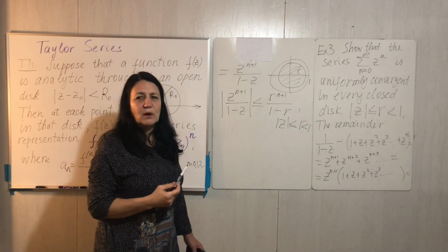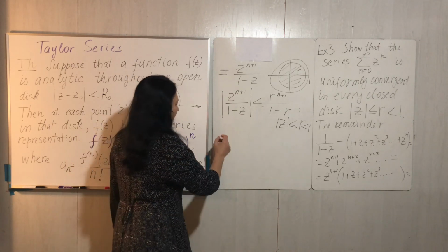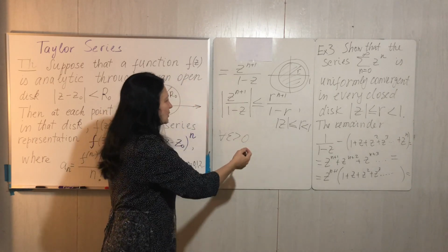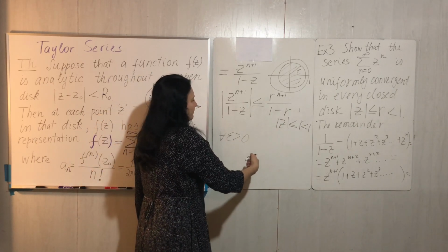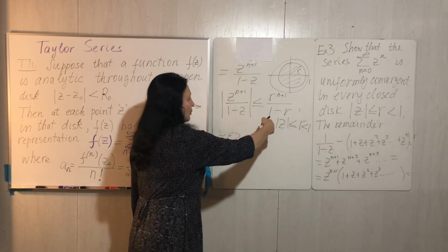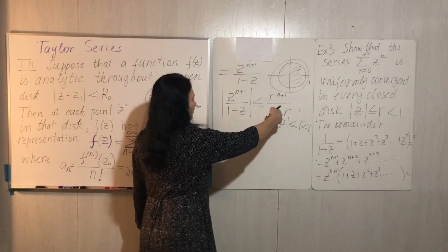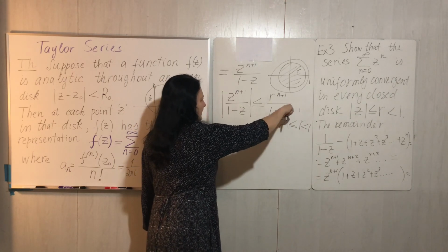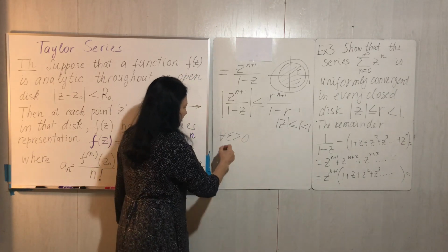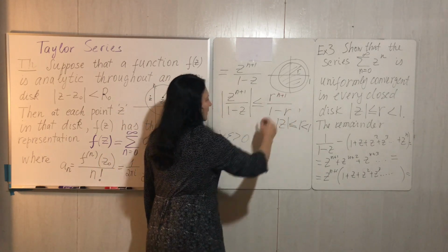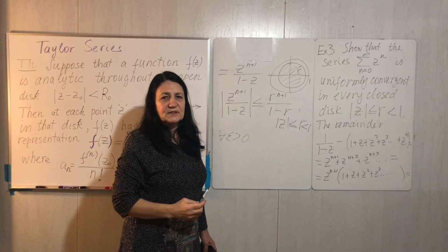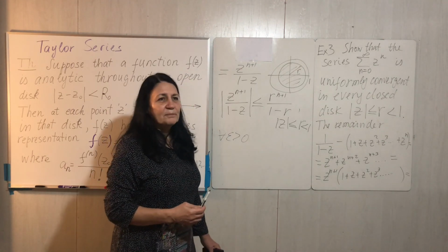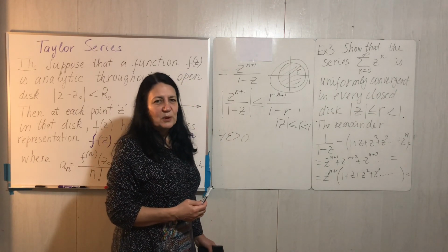So for any positive epsilon, we will be able to find such an n, starting from which this number is within the disk with radius epsilon, so this number will be going to 0. This finishes the proof. In other words, the remainder may be made as small as we wish.